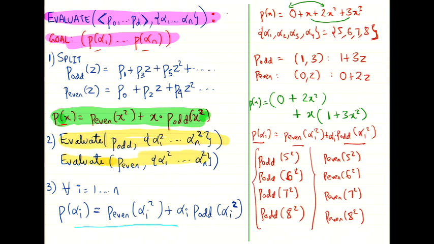Note that this is evaluating a polynomial of half the degree. Right? P even is a polynomial of half the degree because it only has half the coefficients, and p odd is also a polynomial with half the coefficients. So that's nice. Somehow we've reduced the degree by 2, but now we have to evaluate at alpha 1 squared, alpha 2 squared, up to alpha n squared.